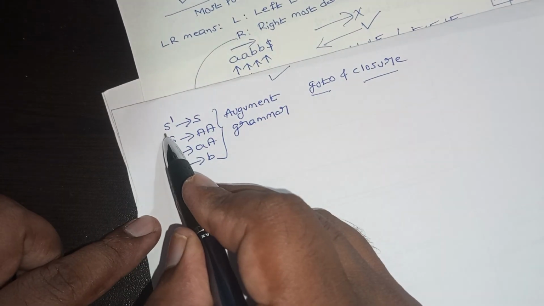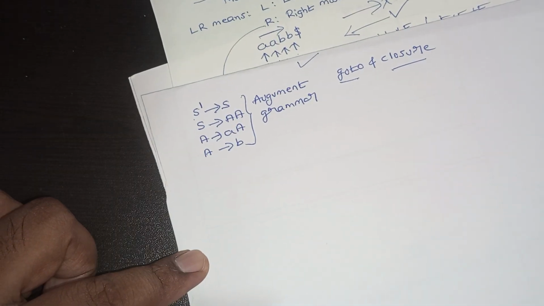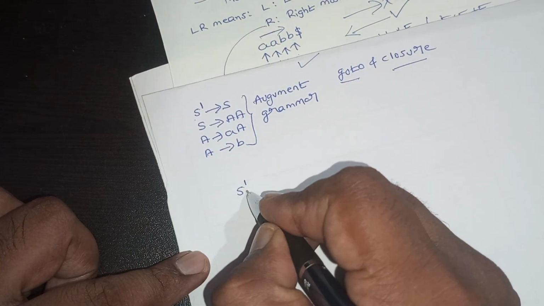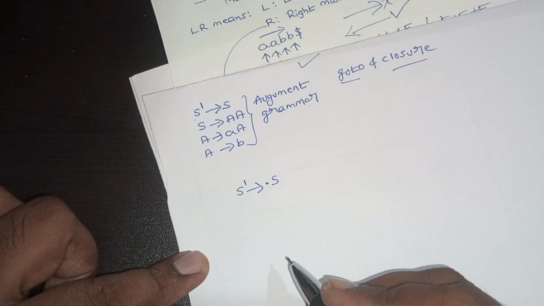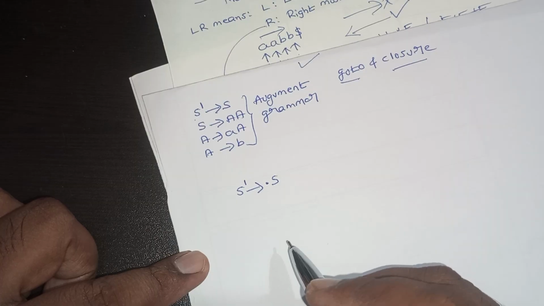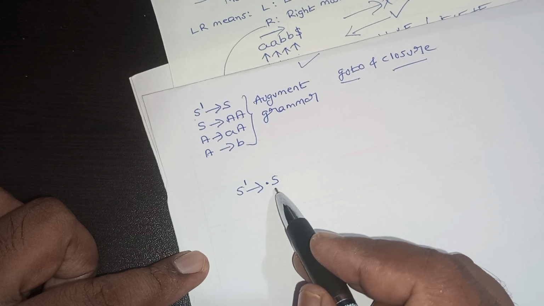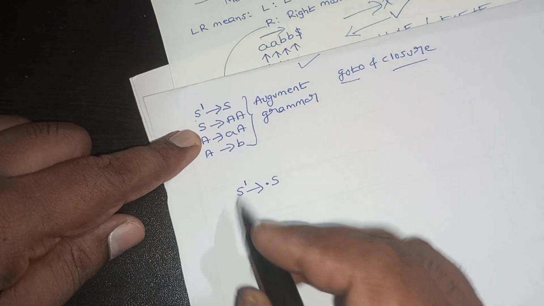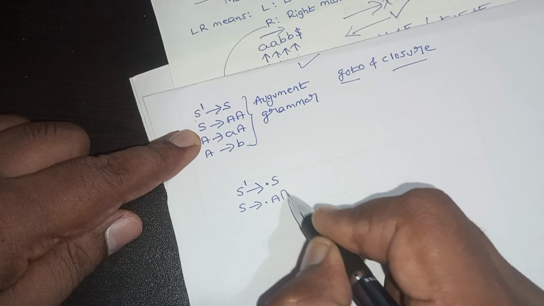First you take this rule, write like this: S' tends to dot S. Because I am having a dot to the left of S, you add all the rules of S: S tends to dot AA.